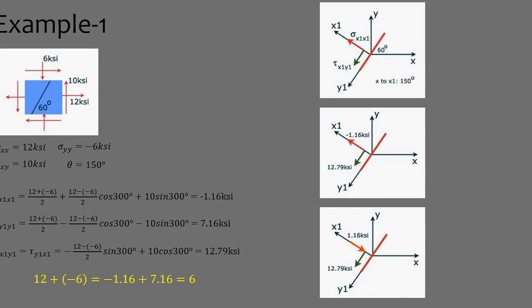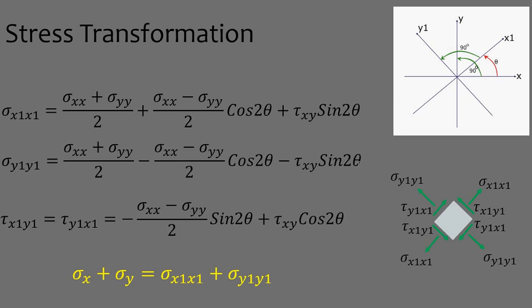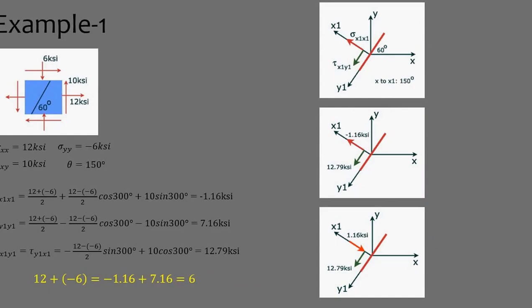So once you have that, here are the main shear stress equations. You put in the original plane stress variables that we have, and then here we have the angle that we can change. It's 2 times theta. In this case, 2 times 150 degrees is 300 degrees.